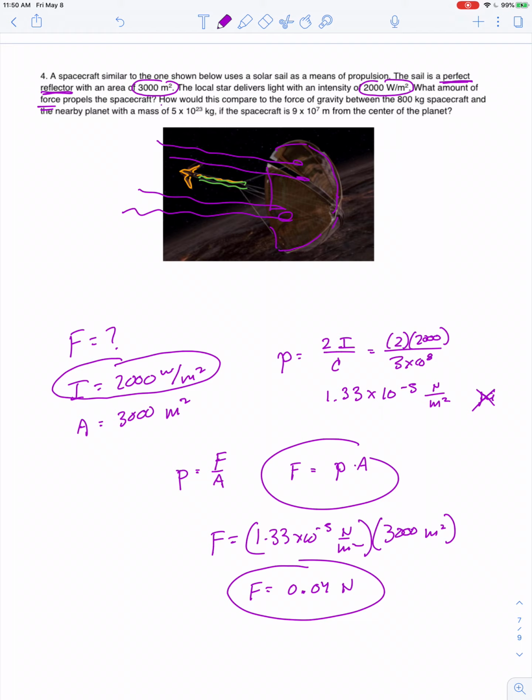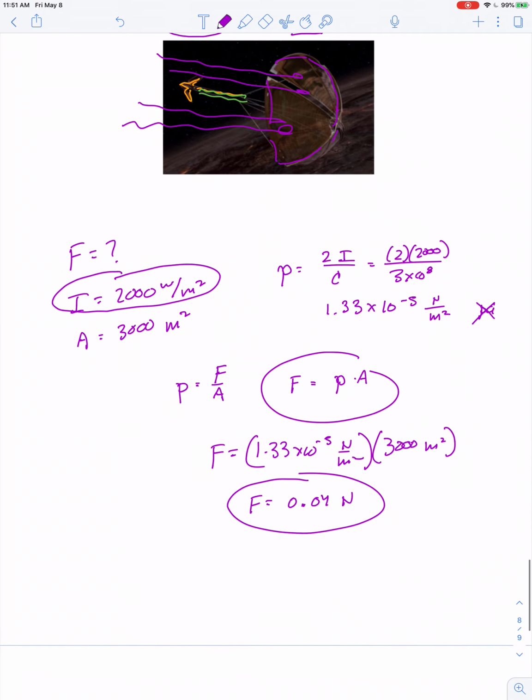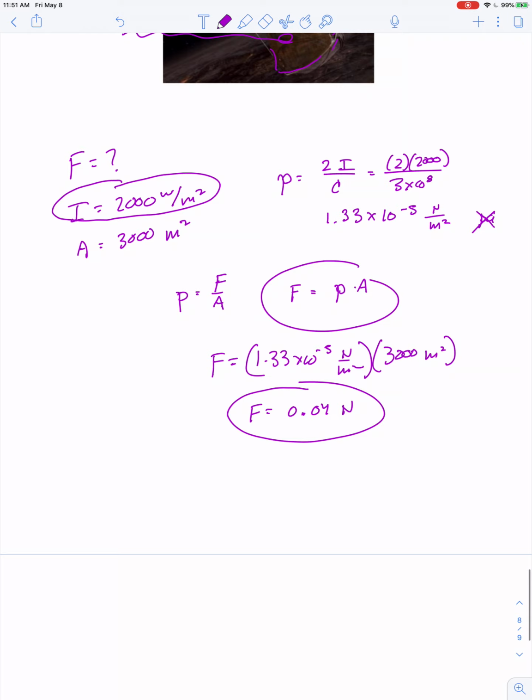To get a sense of how large that force is, the question is, how does it compare to the force of gravity between the 800 kilogram spacecraft and the nearby planet with a mass of 5 times 10 to the 23rd kilograms? We'll assume the spacecraft is at an orbital distance of 9 times 10 to the 7th meters from the center of the planet. So here we need to rely back on Newton's law of universal gravitation.